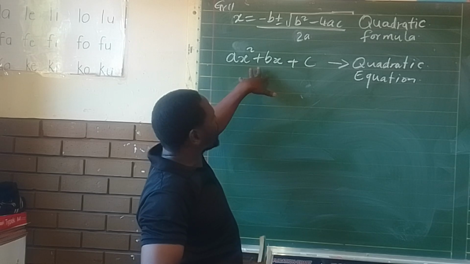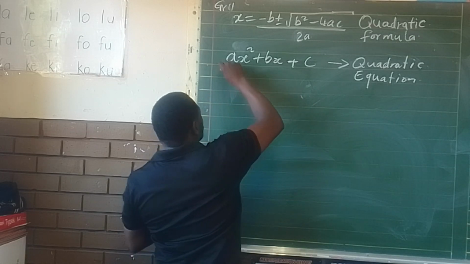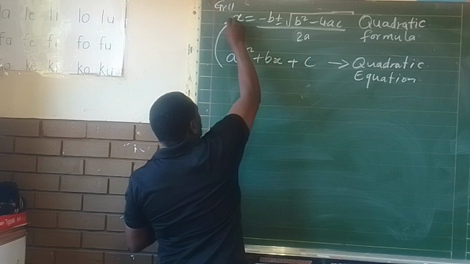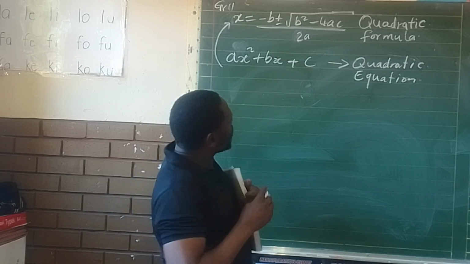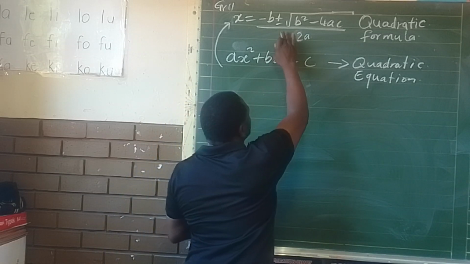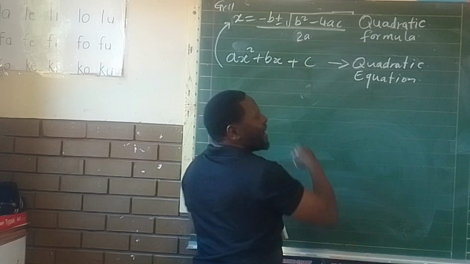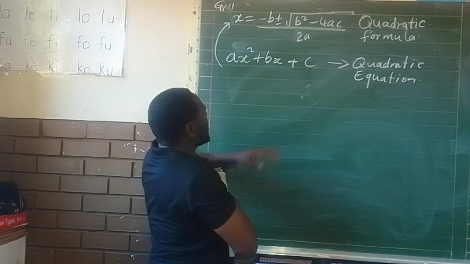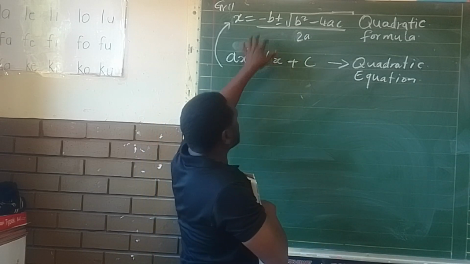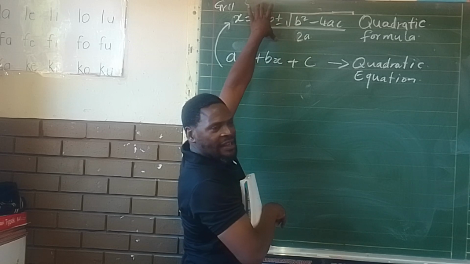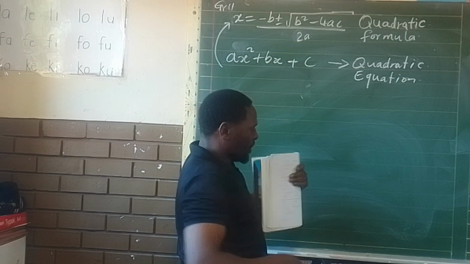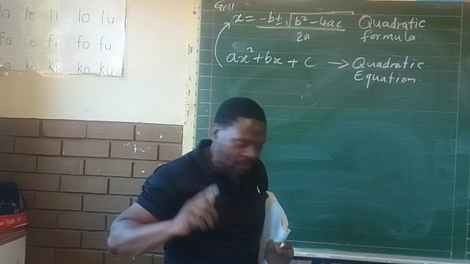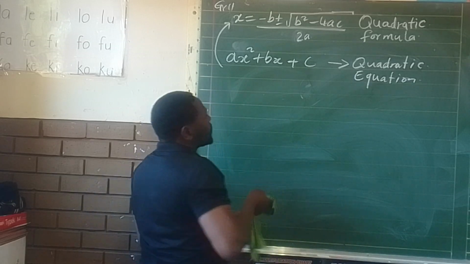The quadratic equation gives rise to the quadratic formula. Now we are going to use this quadratic formula because we have completed the square to get this. So this helps us where we don't have a way out. You will see what I mean in a short space of time.